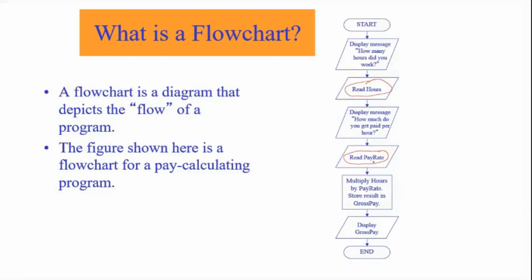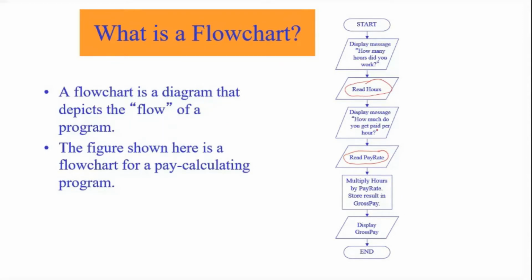That is the next step. Then we have to multiply the hours by the pay rate. That is, per hour how much we are getting, and the number of hours we have. The total pay that we should receive for that month, we can calculate by multiplying these two quantities, the number of hours and the pay rate.